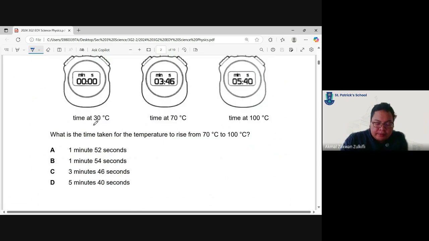We know that it is almost 2 minutes, not exactly 2 minutes, right? But you must remember that there are 60 seconds in a minute, so it is 1 minute 54 seconds. Don't make the mistake of taking 540 minus 346, and then you get different answers.